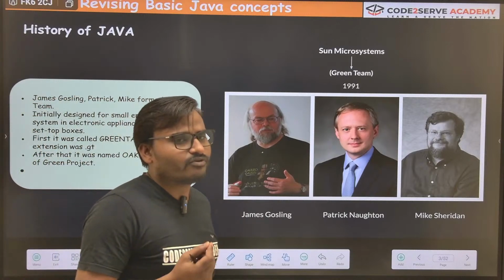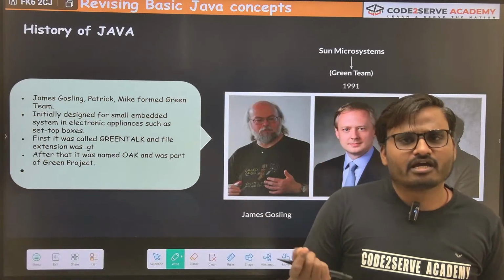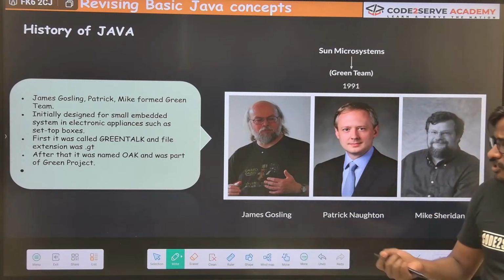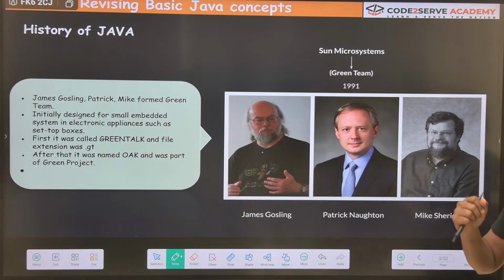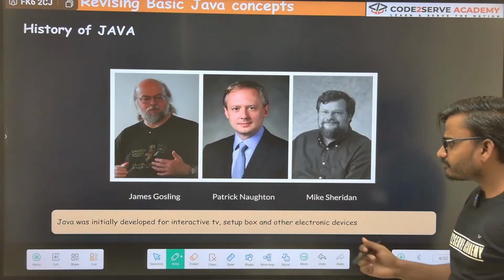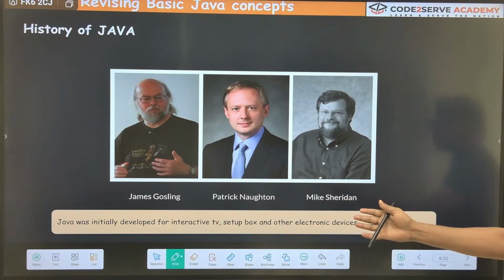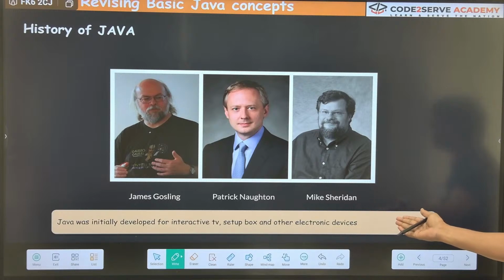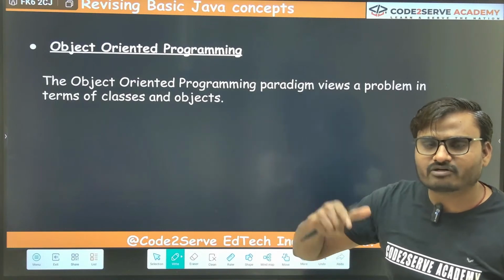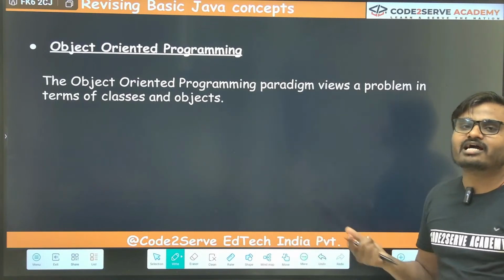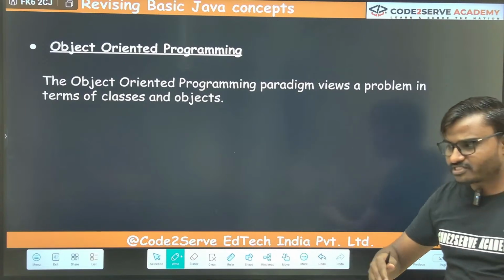So if you find any MCQ question, who is known as the father of Java, you should know that James Gosling is called the father of Java. As I mentioned, they were trying to build interactive TV and set-top boxes for electronic devices. There was no concept of building a programming language, but out of that, a new programming language was developed. That was the history.